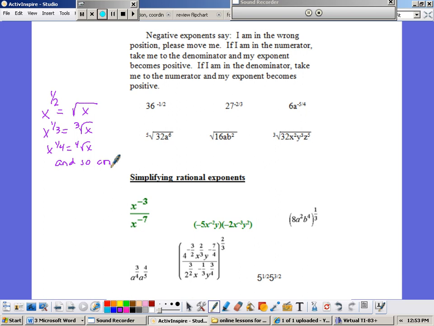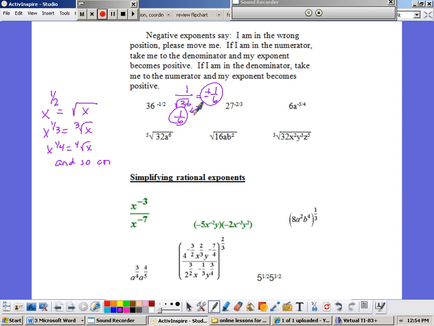So I want the square root of 36, but it's a negative exponent, so it goes to the bottom. So the square root of 36 is plus or minus 1/6. Now, if I only want the primary root, it would be 1/6. If I want both, it would be plus or minus 1/6.